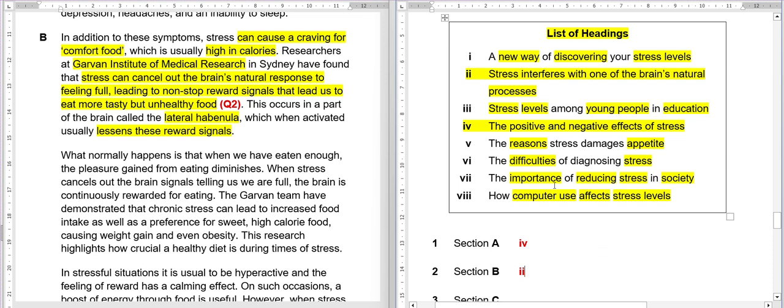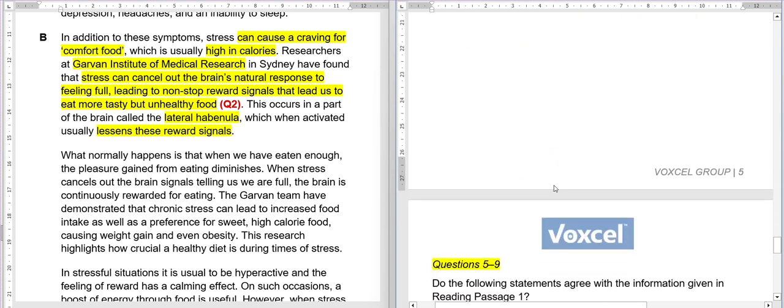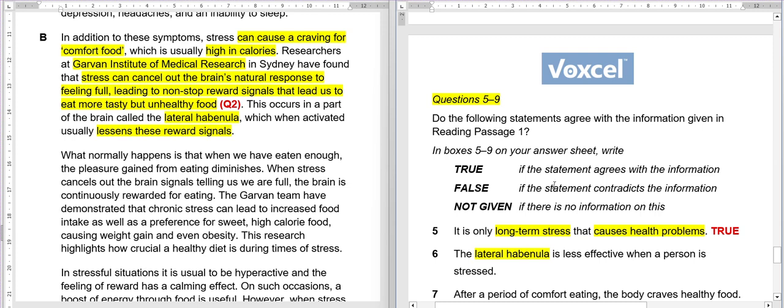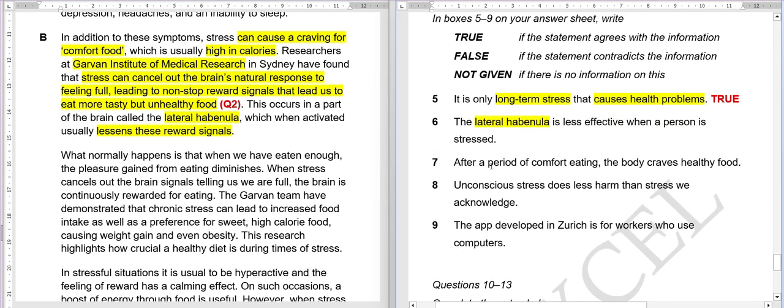So what I'm going to do is read the other options as well, because I have read those words here. Sixth question: the lateral habenula is less effective when a person is stressed. Is there any mention of lateral habenula? Yes. So this is obviously our location. Okay, now let me change the color.